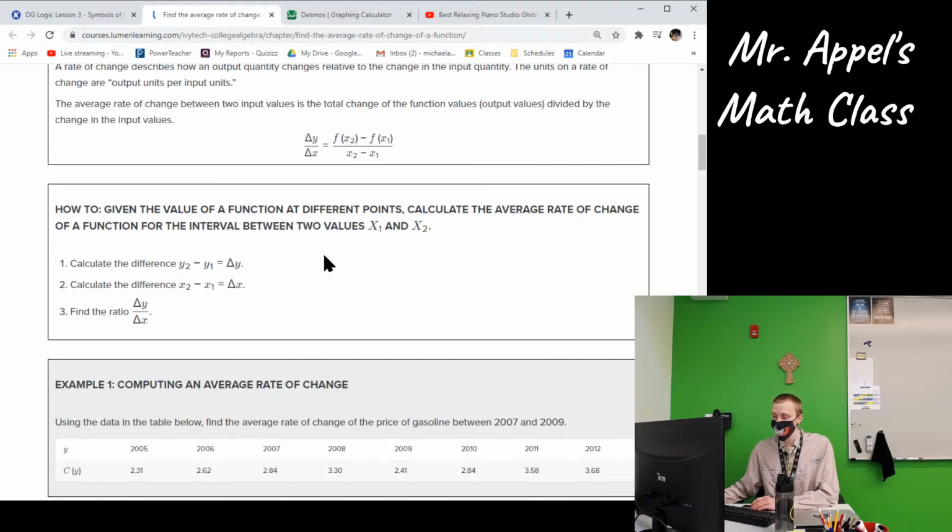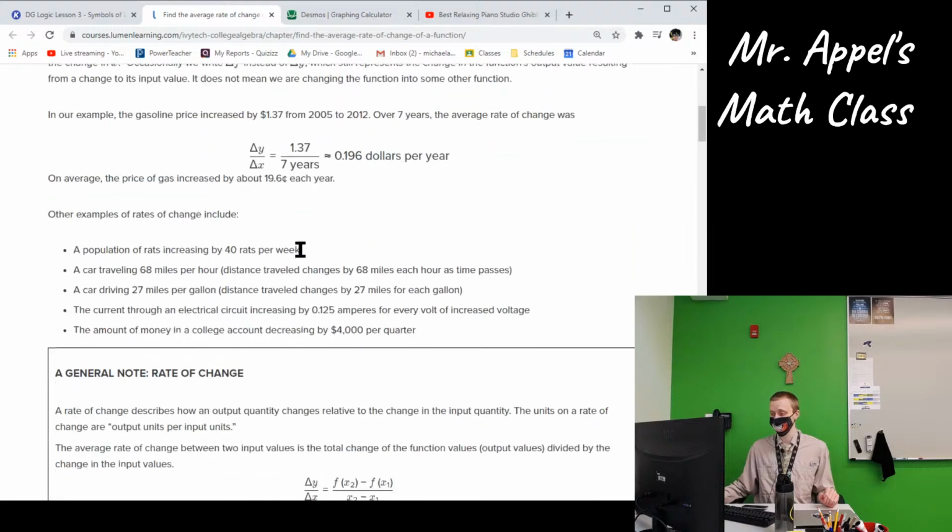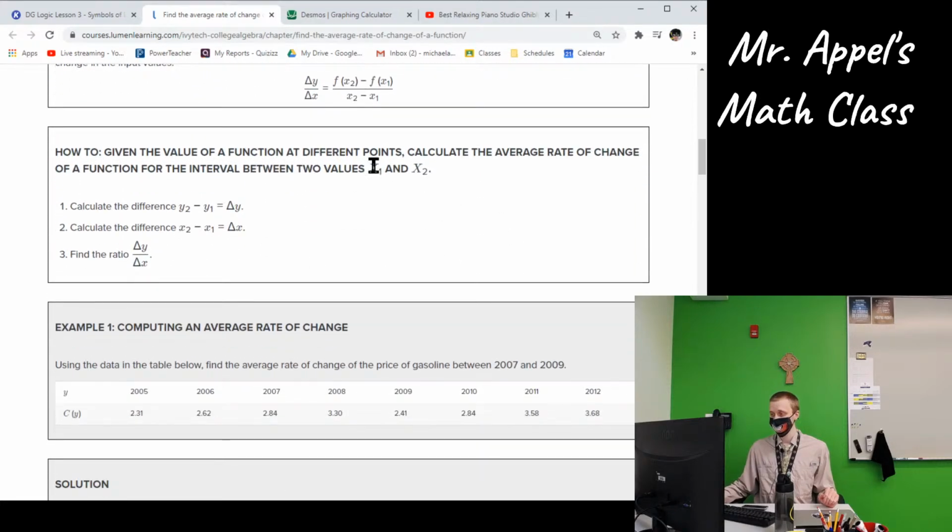So all you need to do is find 2 points on the equation that you're finding the average of that interval. It says find the average rate of change of the price of a gallon of gas between the years 2005 and 2012. That's going to give you your interval. Okay, I got to find the point on the graph at 2005, it's here, and the point on the graph at 2012, it's there. You'll be told this.